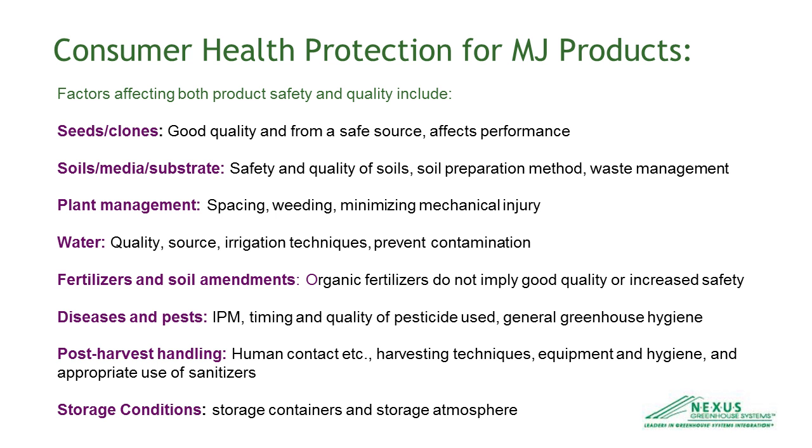Plant management basically has to do with spacing, weeding, cropping of the plants, and minimizing injury to the plant. A lot of times you'll see plants held up by trellis and things of that nature to prevent the plant from getting injured. Water quality is one of the most important aspects of growing. Typically speaking, there's either ground source water or surface water, and then lastly, you can have municipal water.